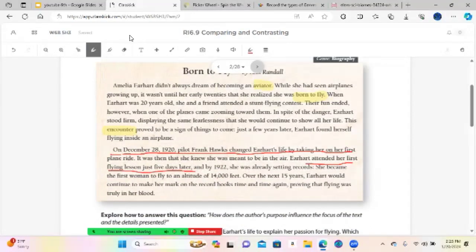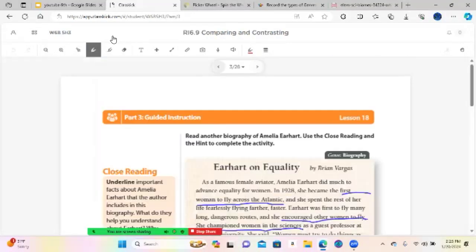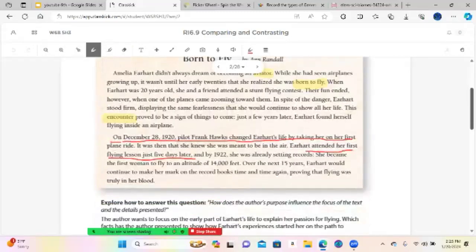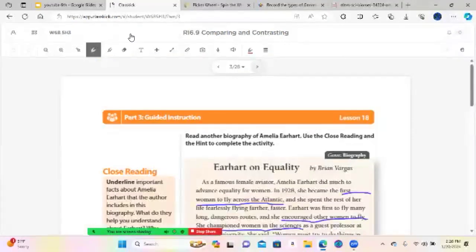That was not mentioned in this story. She also became the first woman to fly to an altitude of 14,000 feet. So that was not mentioned in the previous story as well.